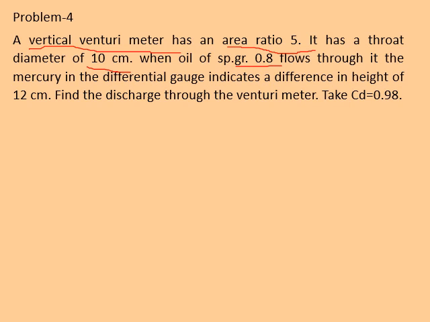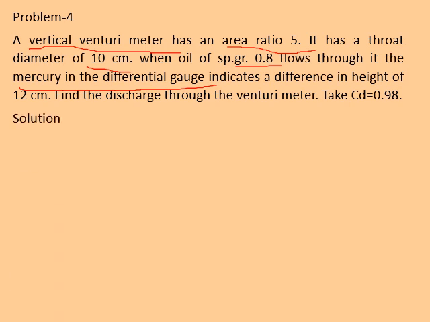A lighter liquid is flowing through the pipe and a heavier liquid, mercury, is in the differential U-tube manometer, which shows a difference in height X equal to 12 cm. Now find the discharge through the venturimeter, that is Q, and the coefficient of discharge is 0.98.